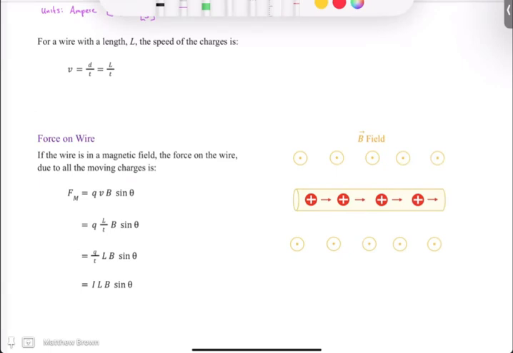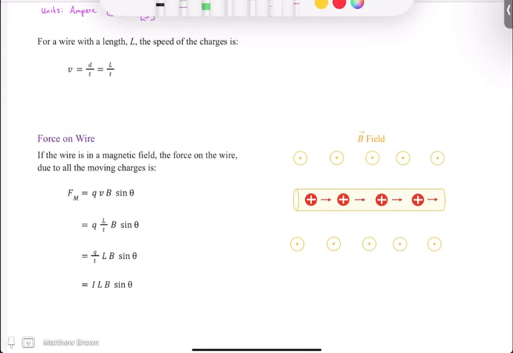Then we move that little t over so it's associated with the q instead of with the L. That leaves us with q over t, and we said q over t was I. So we ended with the equation ILB sin theta. We just have to remember this is for a current carrying wire.